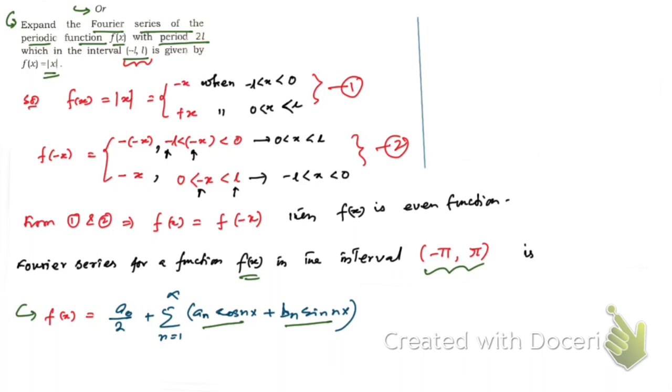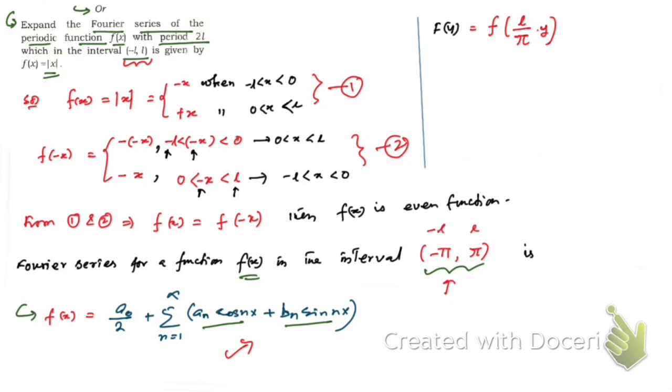So now you see, let us suppose we have a function F of y, which is equal to a function of l by pi into y. Because this Fourier series is for the interval minus pi to plus pi, and now we need to change this interval to minus l to plus l.